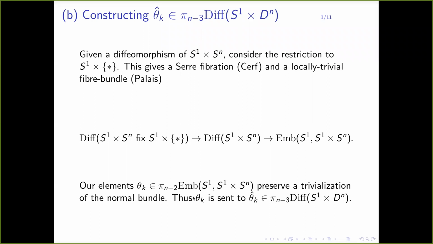So not just an embedding of S1 in S1 cross Sn, but an embedding of S1 cross Dn in S1 cross Sn. If you take those fattened up embeddings instead, the fiber would be the group of diffeomorphisms of the complementary Dn to the S1 cross Dn in S1 cross Sn, fixing the boundary. Yeah, so that's what I call the theta k hats.